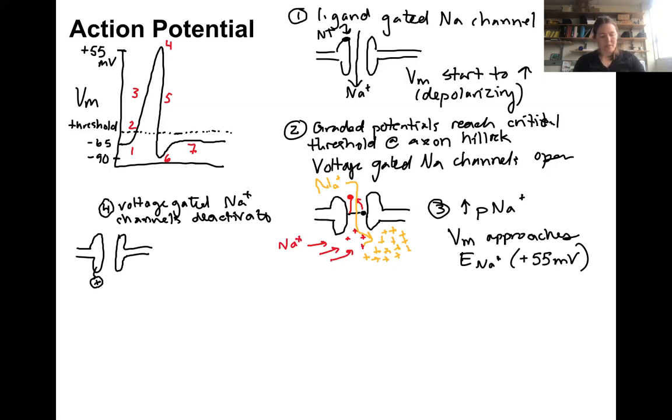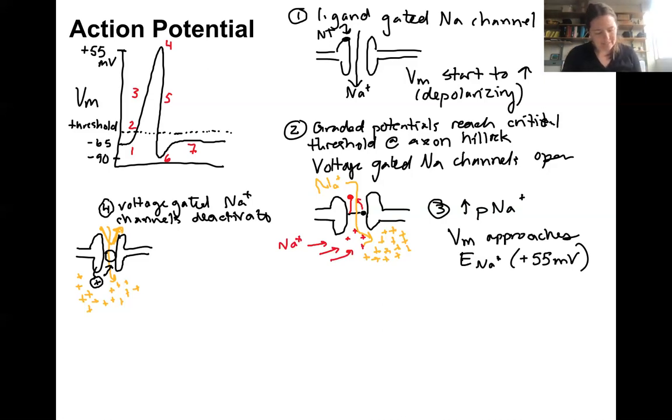And as you get this buildup of sodium that's come in, it's building up and building up around this channel. And eventually that's enough positive charge to push this positive section of the sodium channel in to block it. And now sodium can no longer enter, okay? It's lost its ability to come into the cell. That's the first part that stops the VM from increasing any further.